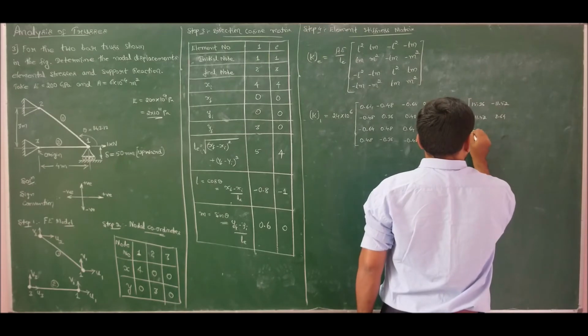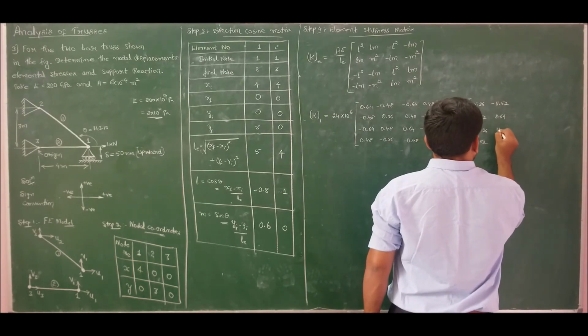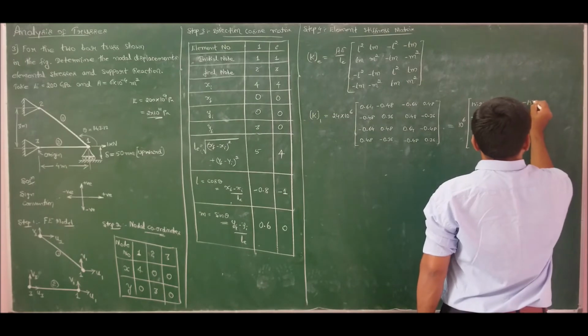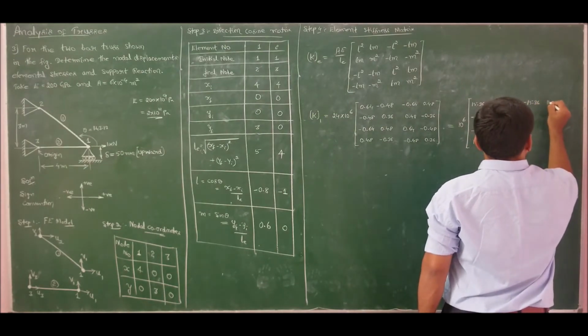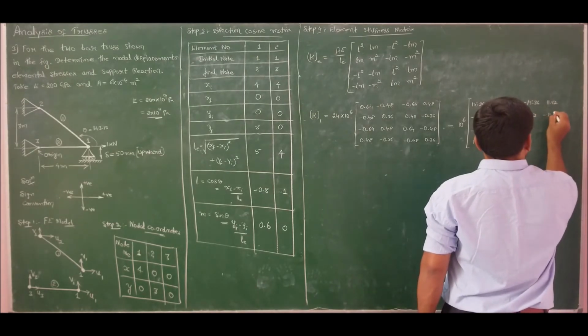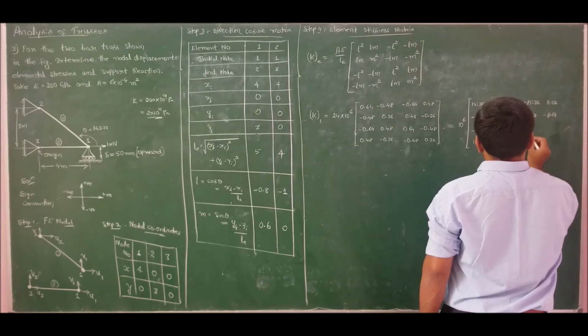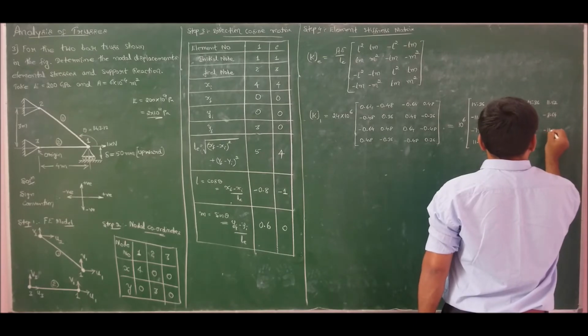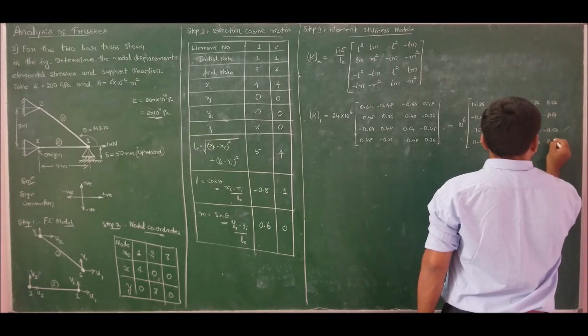Completing the matrix, we have 15.36, 11.52, minus 15.36, minus 11.52; 11.52, 8.64, minus 11.52, minus 8.64; minus 15.36, minus 11.52, 15.36, 11.52; minus 11.52, minus 8.64, 11.52, 8.64.